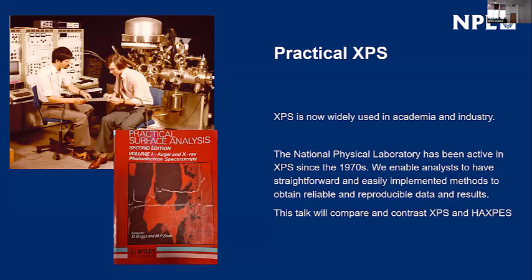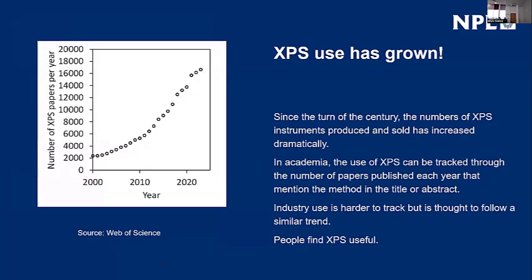So I want to think that where we are now with XPS, in terms of standardization, reliability and reproducibility, is something we can get to much more quickly with HAXPES because we have all the experience with XPS. And the problems to solve are pretty much the same problems.